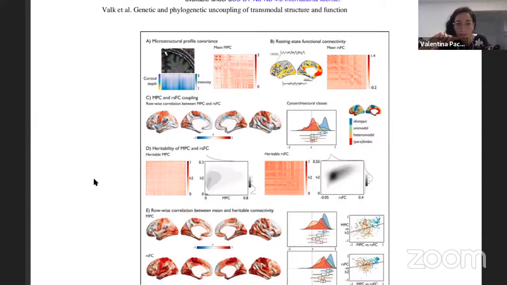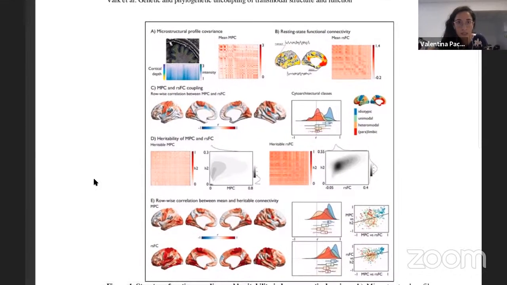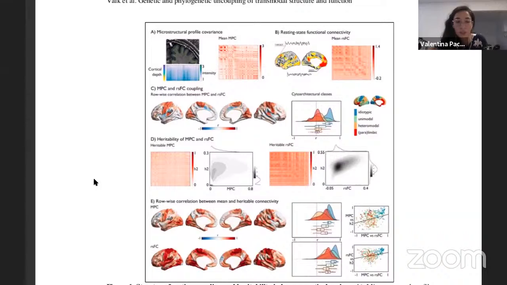I'm not 100% sure that we have a clear match, a comparison between the two species, especially when using dimensionality reduction.